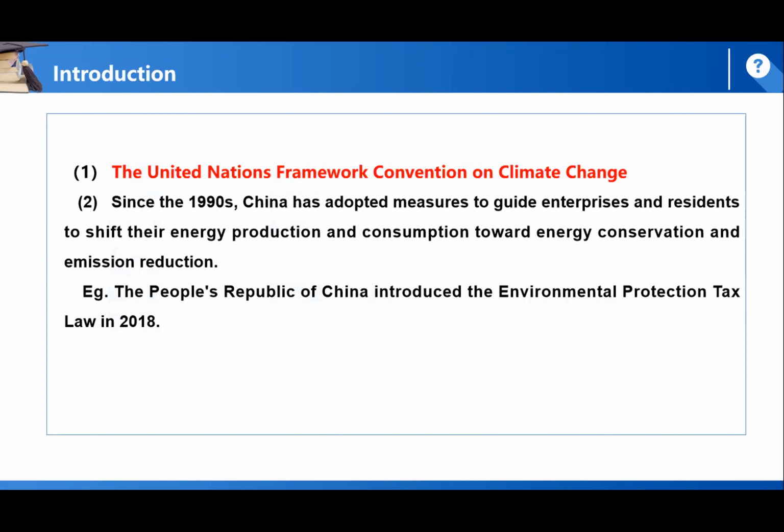From the perspective of both theory and practice, sustainable development is a very important issue.